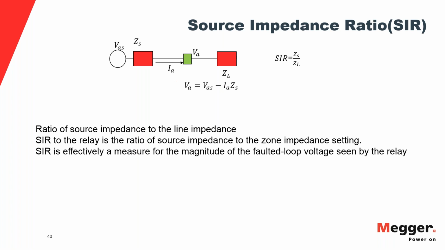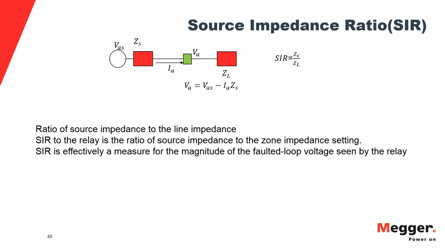Because if the source impedance ratio is too high, sometimes it doesn't make sense to protect the line using a line protection.